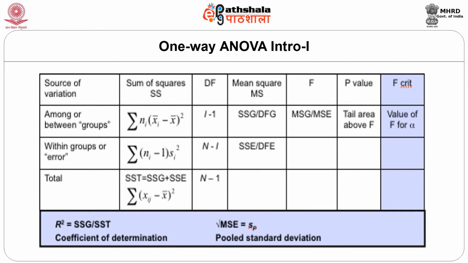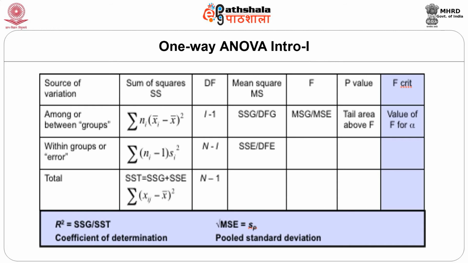Now, I will give you the complete one-way ANOVA table. This table has many columns and many rows. The first row gives you the headings. These are source of variation, sum of squares SS, DF, mean square MS, F, p-value, F crit.